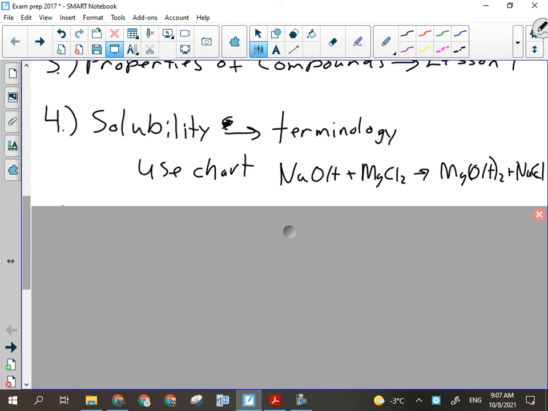If I was trying to remove something from a solution, could I use a reaction like this to get rid of it? If it was already dissolved in water, and I wanted to get it out of the solution, could I use a reaction like this to do it? Probably. That's something you might want to think about over the weekend.